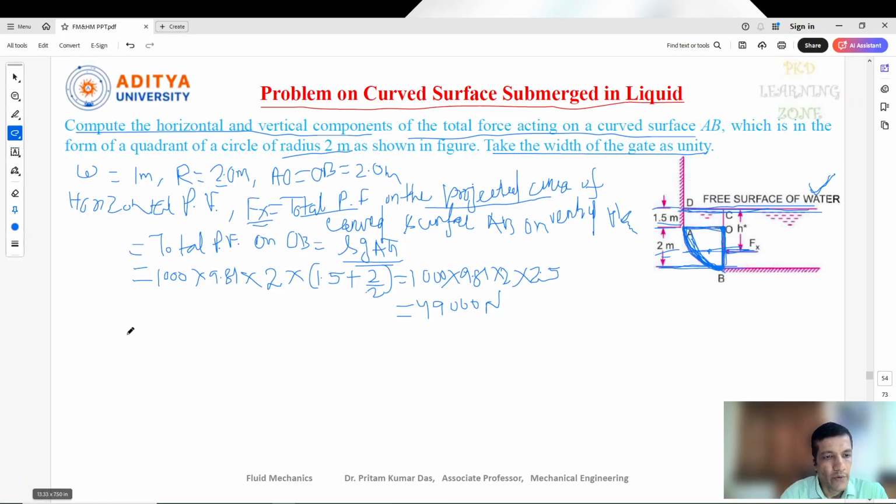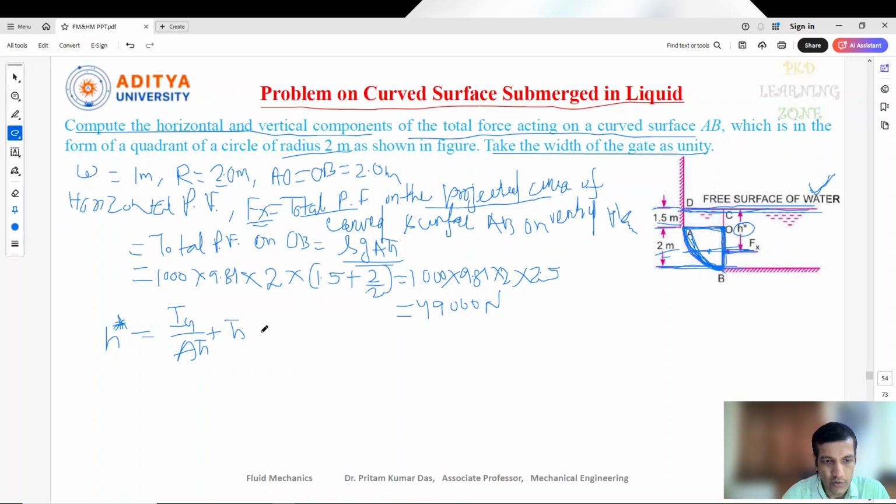Now we'll find out the point of application of Fx, that is the center of pressure, which is nothing but H star. How do we find H star? We know the formula: H star equals Ig divided by A H bar, plus H bar.